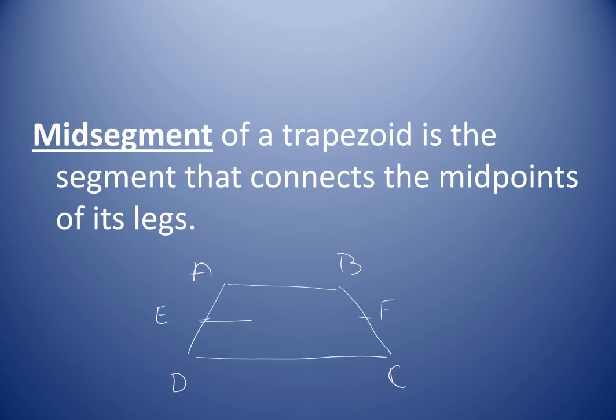So, EF, line segment, is a midsegment. And because it connects the midpoints, we know AE is congruent to DE and BF is congruent to CF.